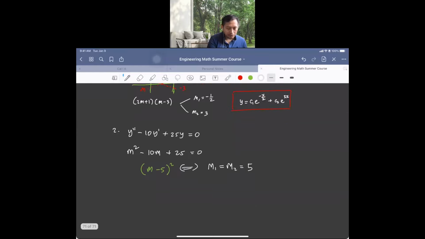The general solution is always c1 e to the 5x plus c2, and instead of e to the 5x, we write x e to the 5x. That's the general solution.